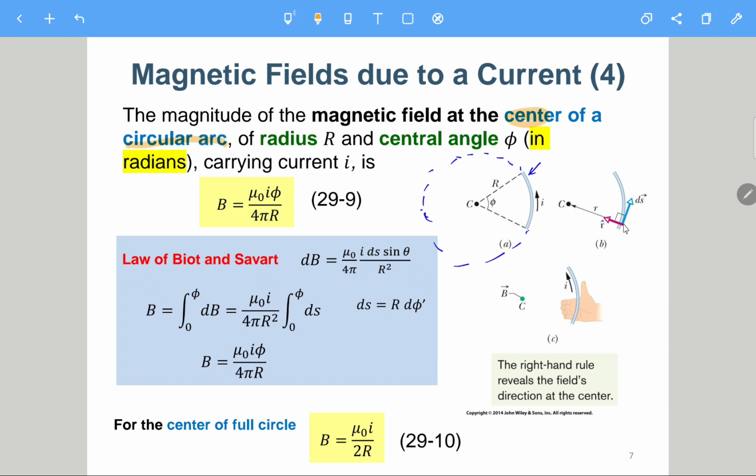So r hat points this way, and of course we know that dB is proportional to ds cross r hat. Using the right hand rule, you know that dB should be pointing out of the page.